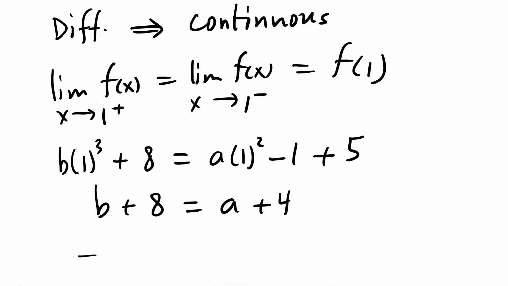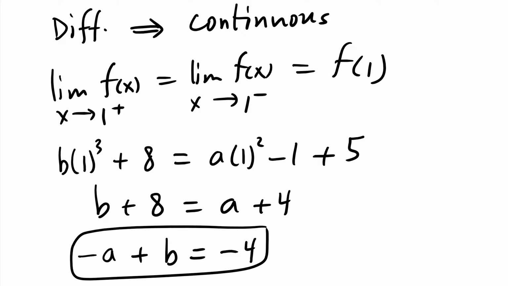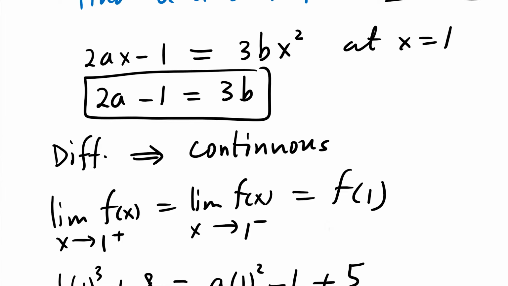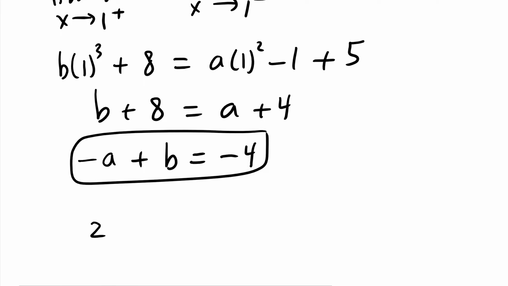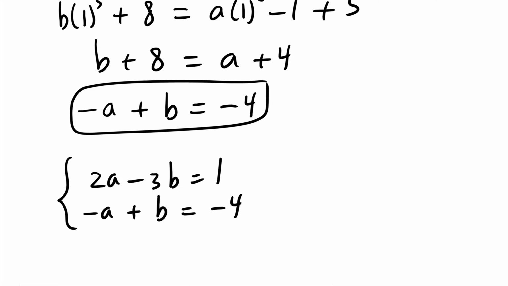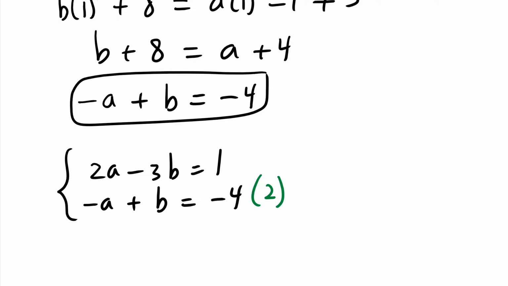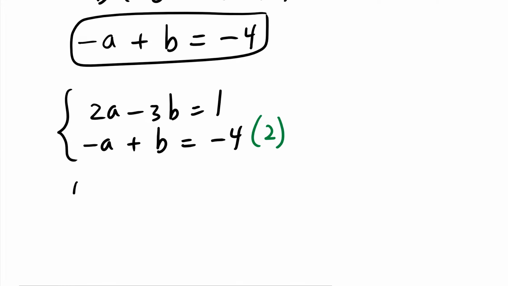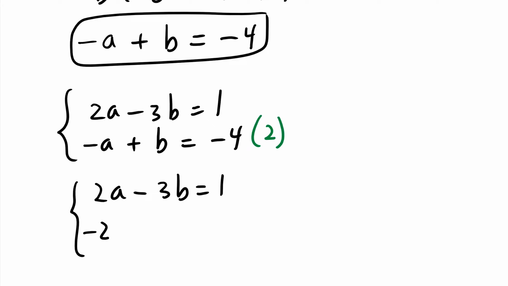Subtract a on both sides and subtract 8 on both sides. I got another equation. So we have two equations: 2a minus 3b equals 1, and negative a plus b is negative 4. Multiply this by 2. 2a minus 3b is 1. Negative 2a plus 2b is negative 8.